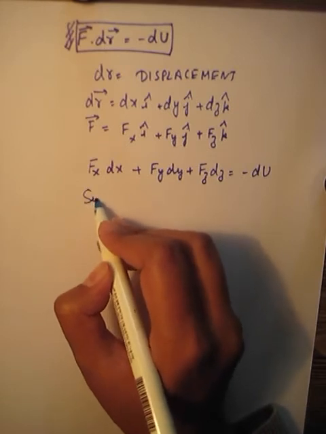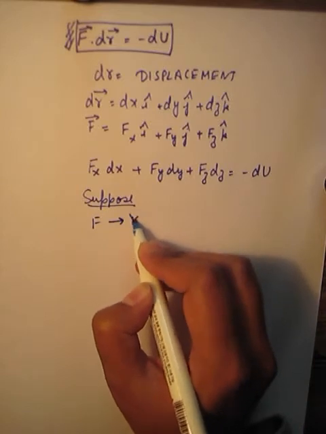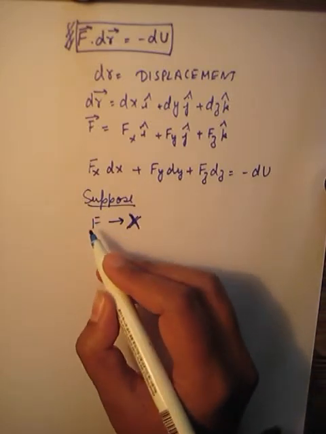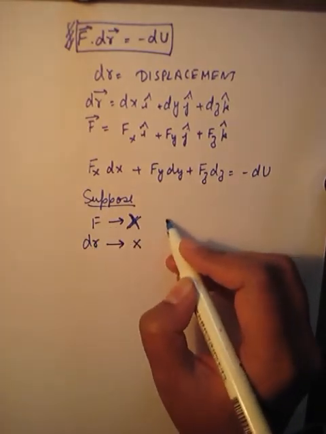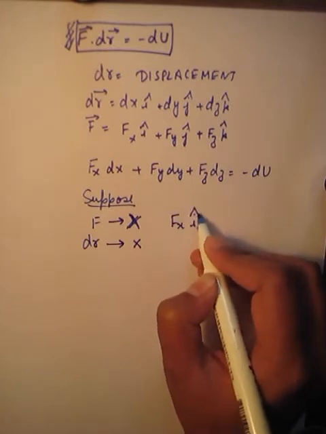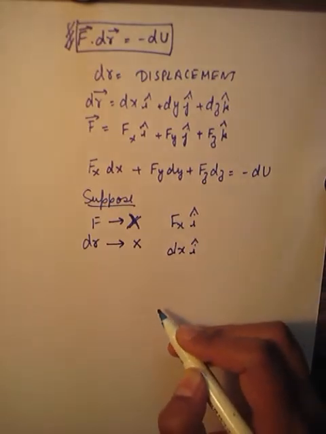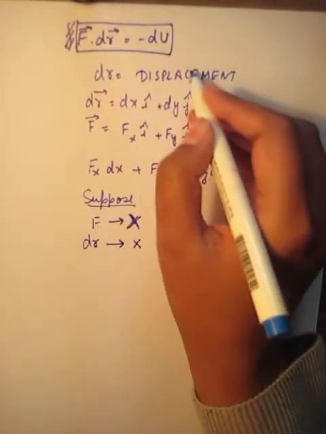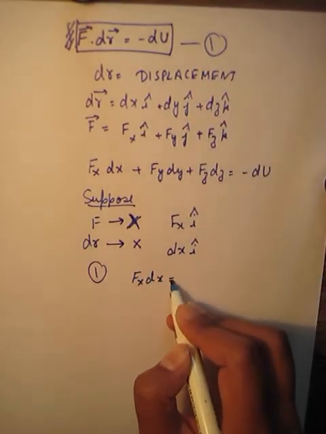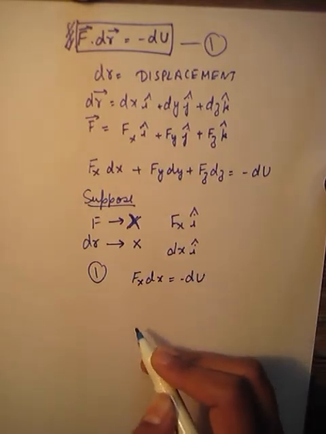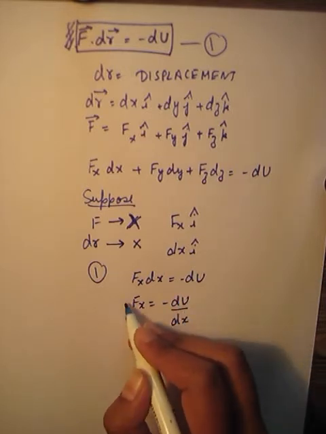Now suppose that you have force only along the x-axis, only the x component of force, and suppose the displacement is also only in the x direction. So you'll have only Fx i unit vector here, and you'll only have dx i unit vector. So this equation turns out to be Fx dx is equal to minus dU, or Fx will be equal to minus dU upon dx.